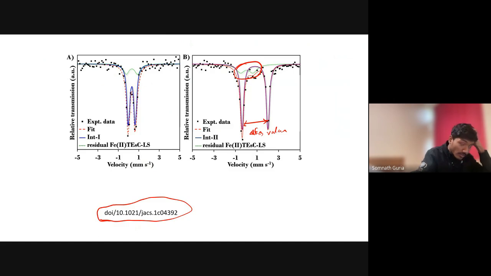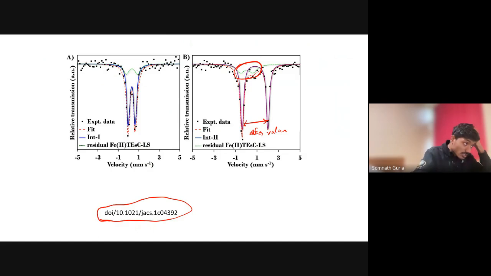that the delta EQ is of the iron 3 because of its D6 system. No, not delta EQ, the delta value is far more negative than the iron 2. Here it is the iron 2 because the delta value is in a more positive direction than this one.